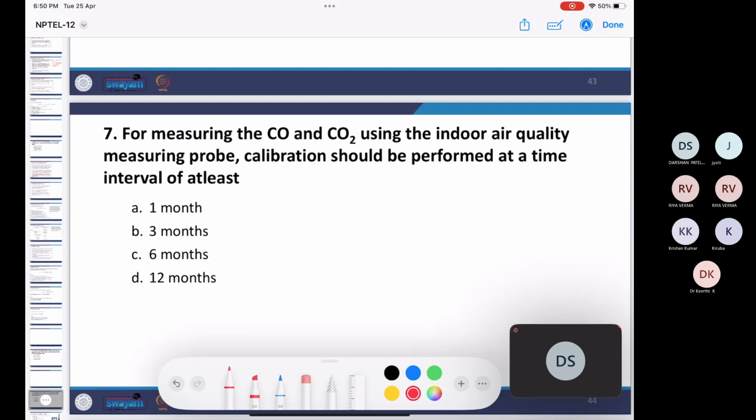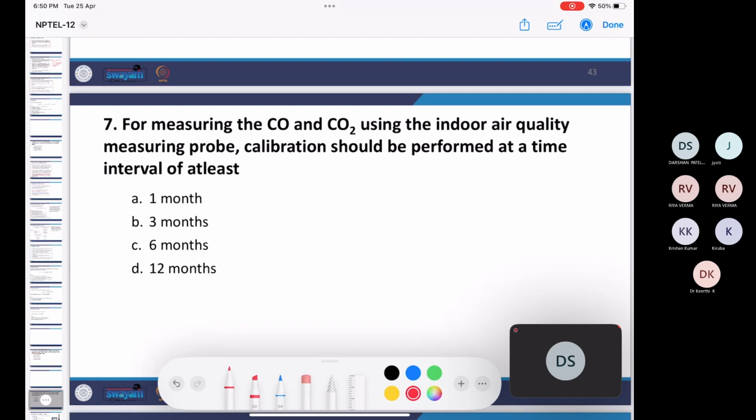For measuring the carbon monoxide and carbon dioxide using the indoor air quality measuring probe, the calibration should be performed at a time interval of at least. First is 1 month, next is 3 months, third is 6 months, and fourth is 12 months.